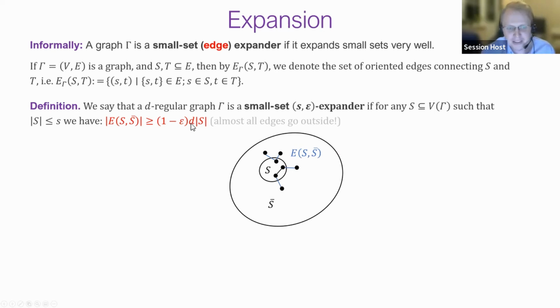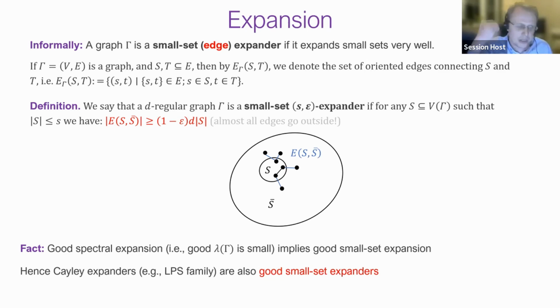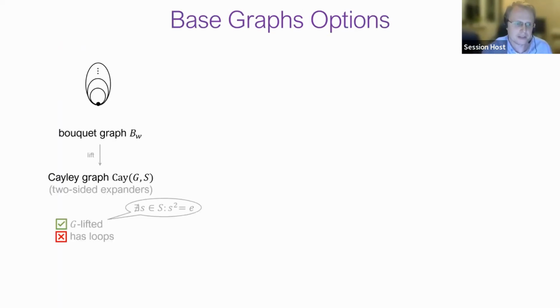In some sense, this is a kind of lossless edge expander, and sometimes they are even called that. What is interesting is that good spectral expansion also implies this small set edge expansion. This is quite well known, and it means you can use, for example, a Cayley expander such as was used in the LPS family, which have good small set expansion.